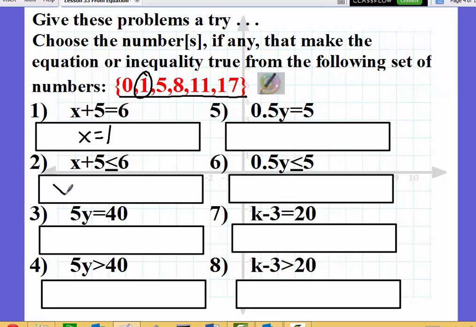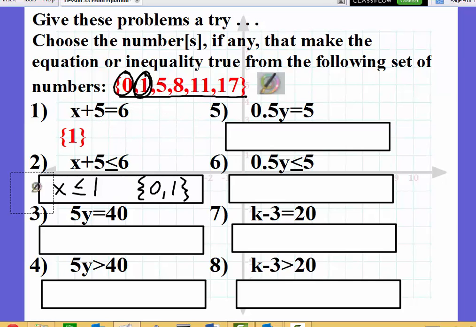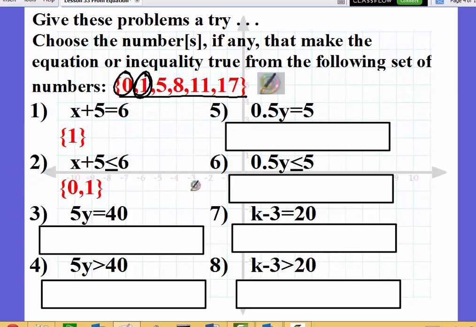I'm going to have x, subtract 5 from each side. X is less than or equal to 1, so I'm going to look. Well, I have a 1, and I have a 0. So my answer, I'm going to use my little bracket, should be a 0 and a 1. Let's check those. It's x equals 1, it's correct. And that's 0 and 1 right there.